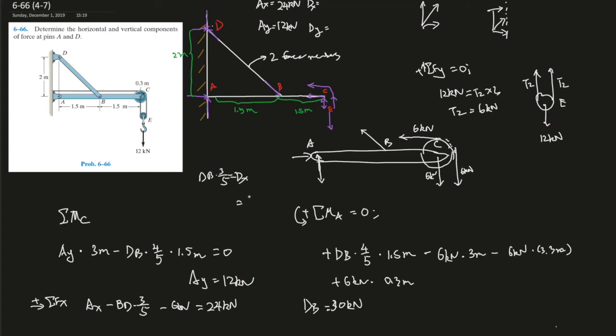And that should give us 18 kilonewtons, and dB times 4 over 5 equals dy, and that should give us 24 kilonewtons. So dy is 24 kilonewtons, and dx is 18 kilonewtons.